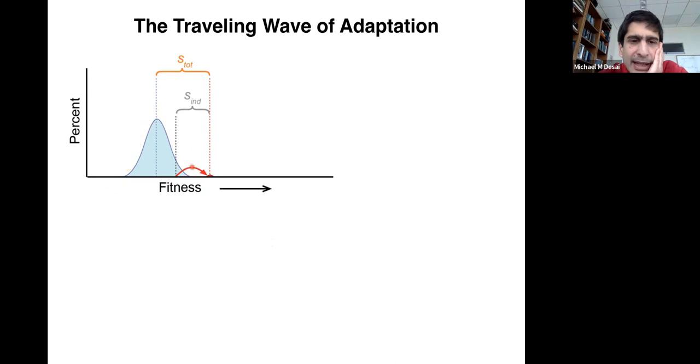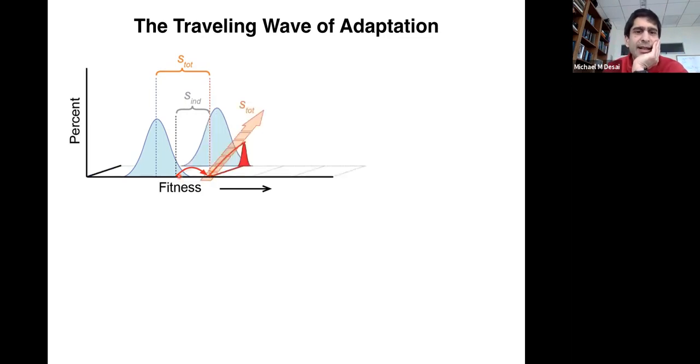Each new mutation we can think of as arising in some background, generating some new mutant lineage, which is the combination of the background in which it occurred as well as the effect of that particular mutation. And then that background competes against the collective effects of everything else.